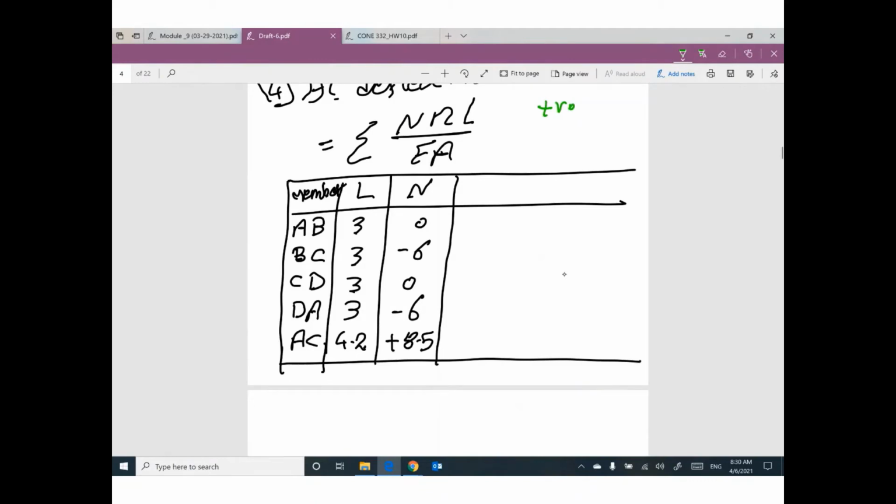Positive in this table means tension, negative means compression. So this value is 0, this value is negative compression, this value is 0, this value is negative compression, this one is positive tension.